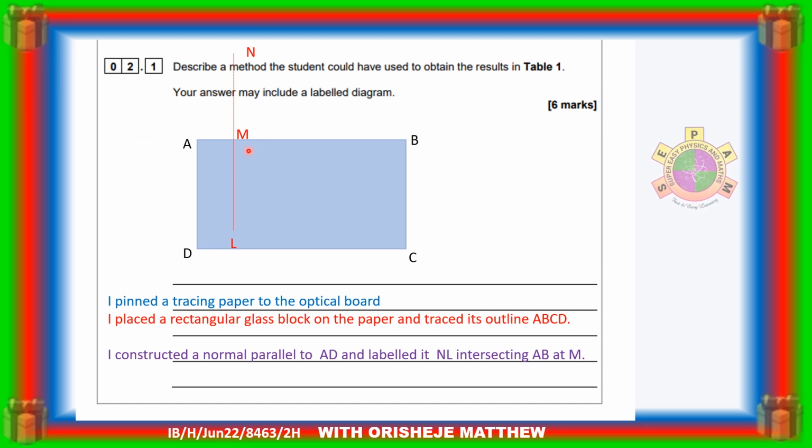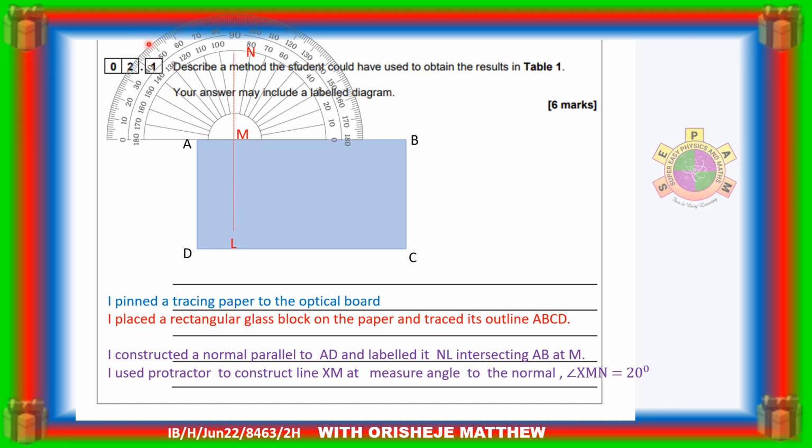Then the next thing is to use your protractor to trace the angle of incidence. So you construct line XM. With your protractor, you construct angle XMN such that, so we are going to start with 20 degrees, but in the experiment they started with 10 degrees.